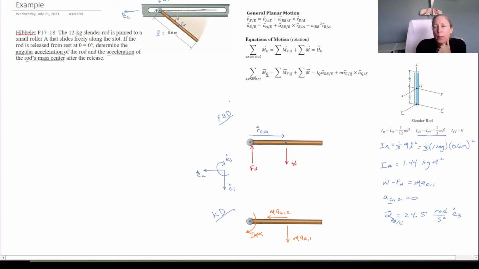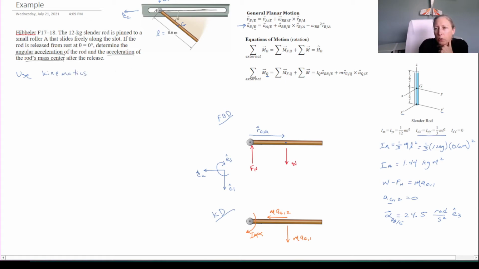Let's try kinematics. So here we have the rigid body equations for general planar motion, and here's one specifically for acceleration. So let's try that. So we're going to use kinematics now.